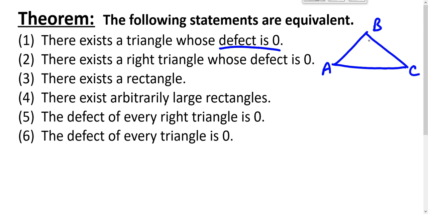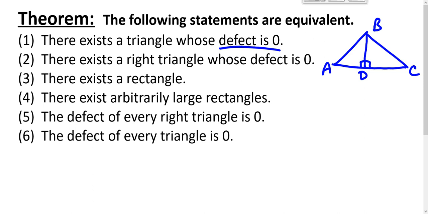We take the vertex of the largest angle in the triangle and we drop an altitude. It can be proven, there's a lemma in your textbook, that if you take the largest angle of a triangle and drop the altitude, that foot of the altitude must be on the segment to which it is drawn.